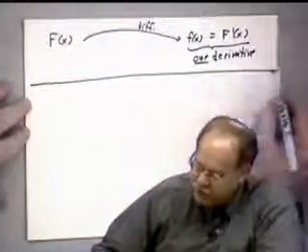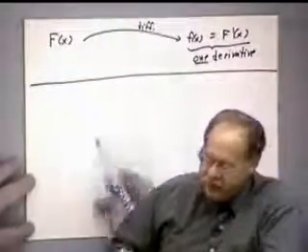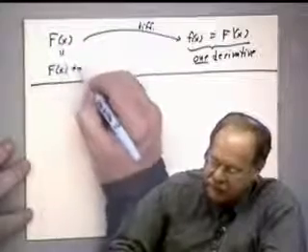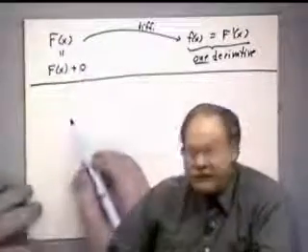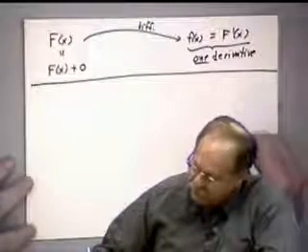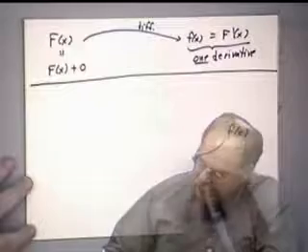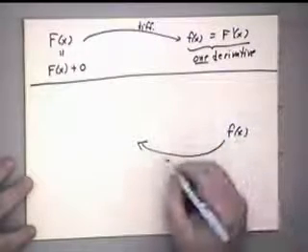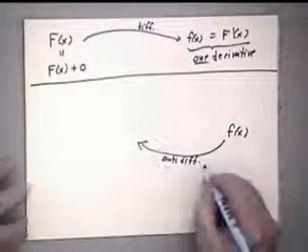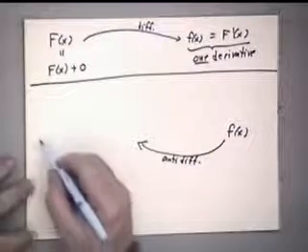Now, I want to tell you the picture that takes you backwards. And let's just note here that big F of x can be thought of as big F of x plus 0. That'll help put that into context here. Suppose I start over here with little f of x. And I want to go backwards via anti-differentiation, which is a technique we'll have to learn how to do. Well, what do you end up with?